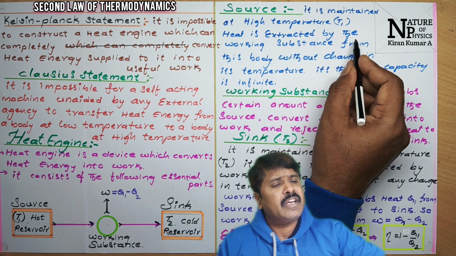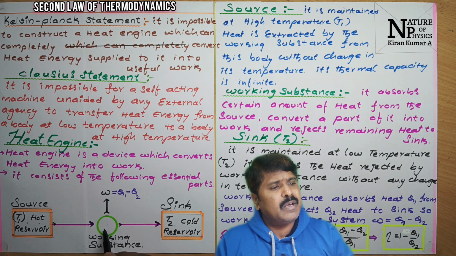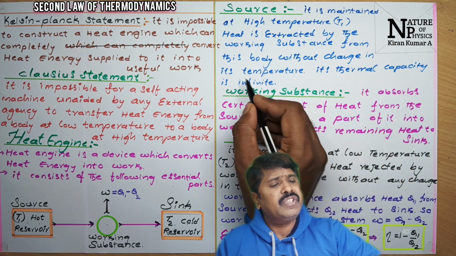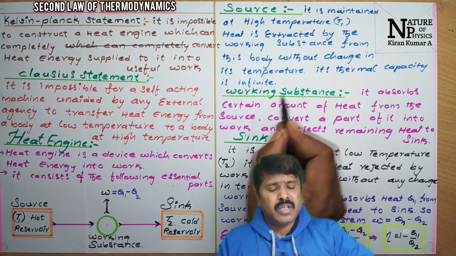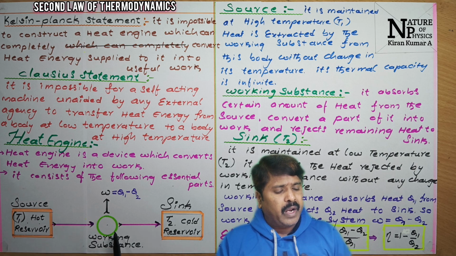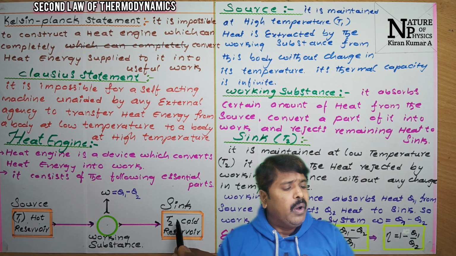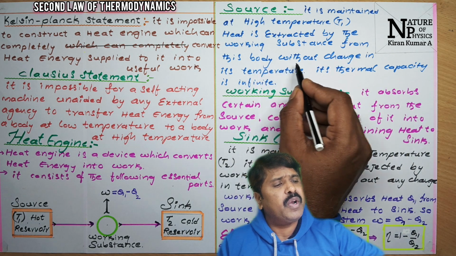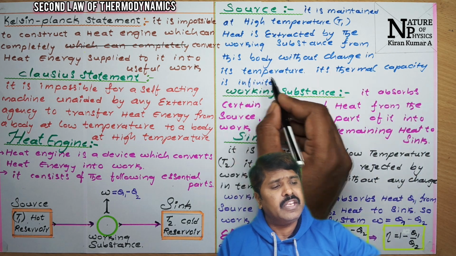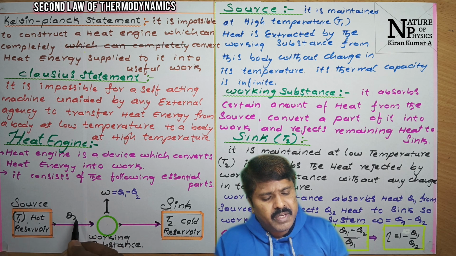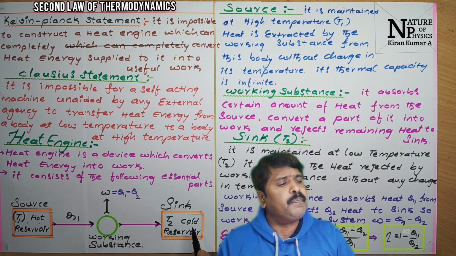Heat is extracted by the working substance from this body without change in its temperature. So there is a transfer of heat from the source to the working substance, student. The temperature is T1, and the heat absorbed is written as Q1.